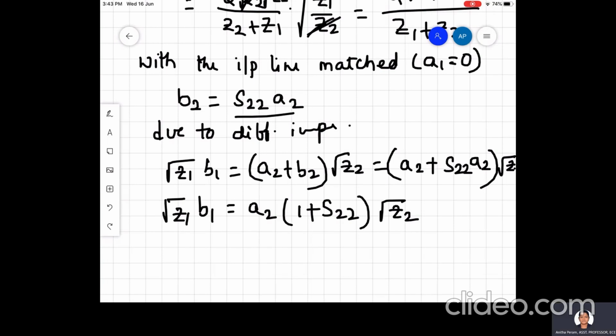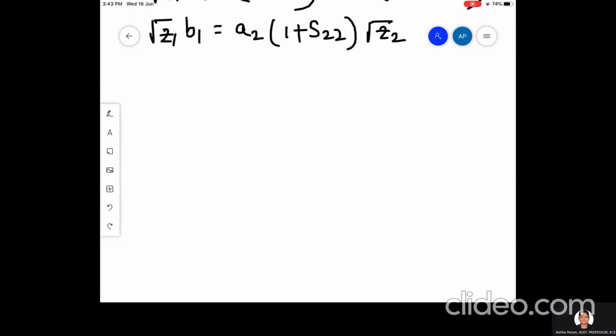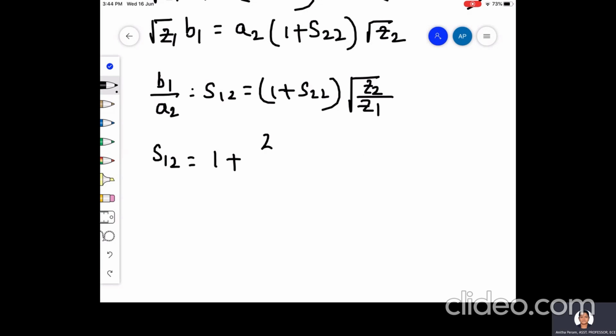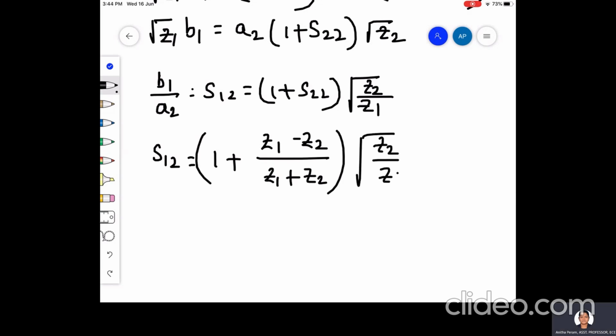Now we can determine the B1 to A2 ratio, which is S12, given as 1 plus S22 multiplied with square root of Z2 by Z1. Again you substitute S22, which we have already determined as Z1 minus Z2 by Z1 plus Z2, multiplied with square root of Z2 by Z1.